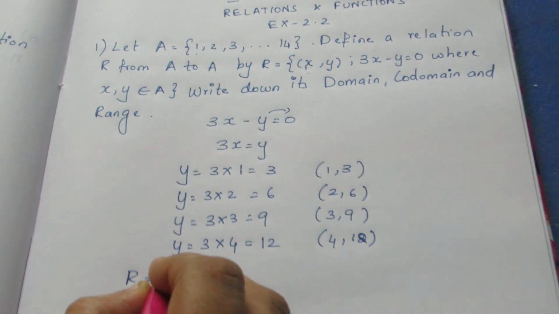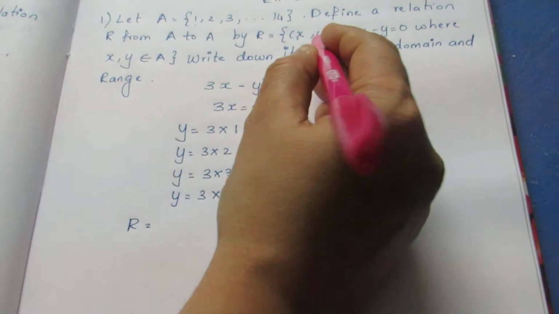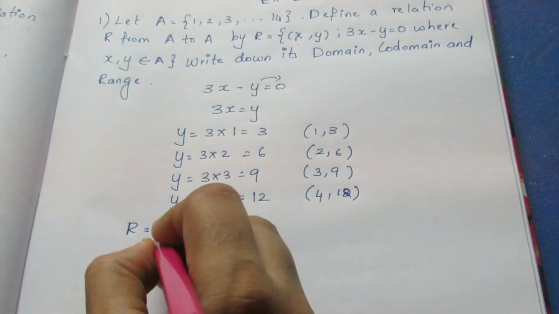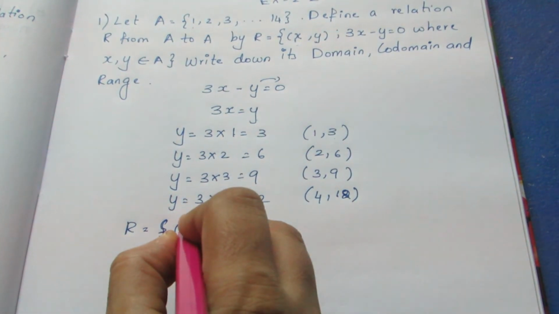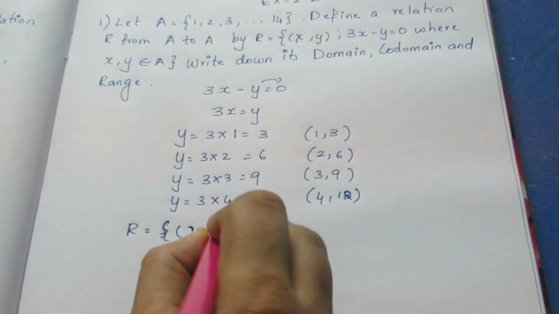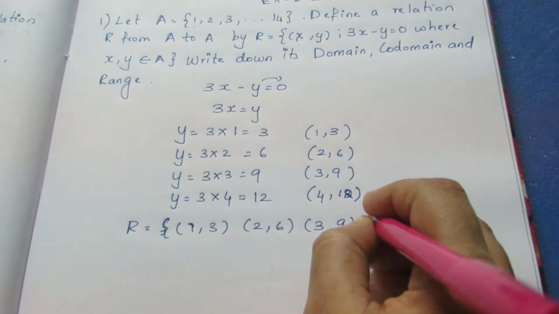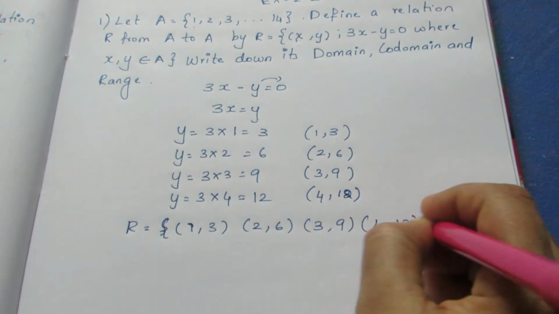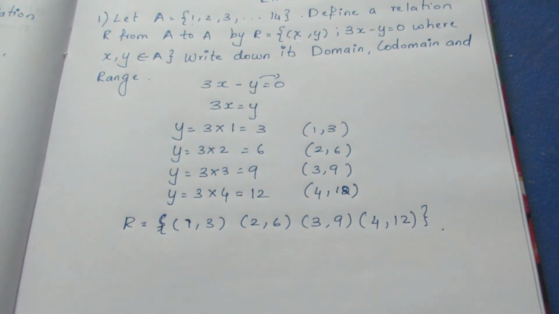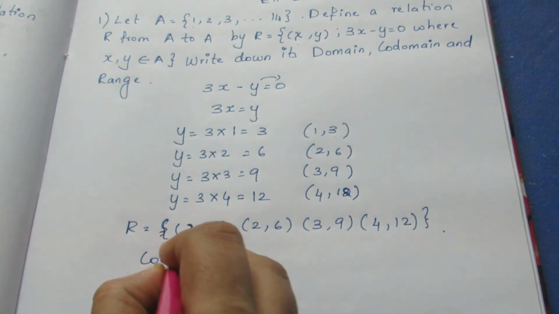So my relation R will be {(x, y)}, right? I am writing it in a flower bracket as I said. So {(1, 3), (2, 6), (3, 9), (4, 12)}. That's all with the elements, because I can't substitute 5 or any number more than that.